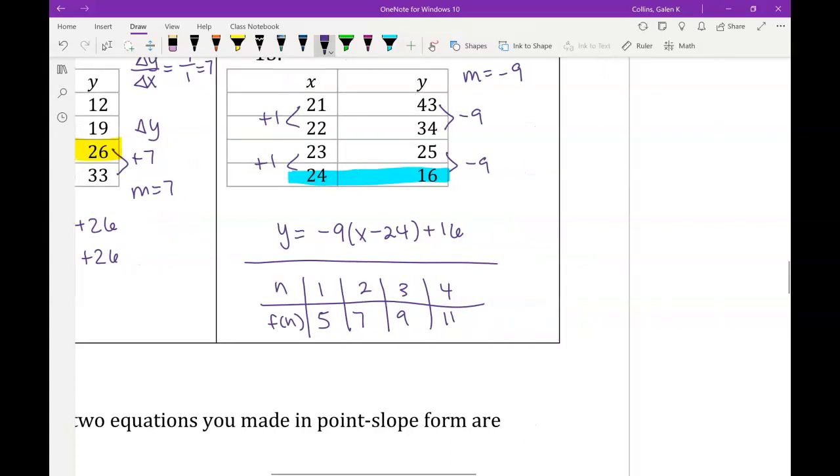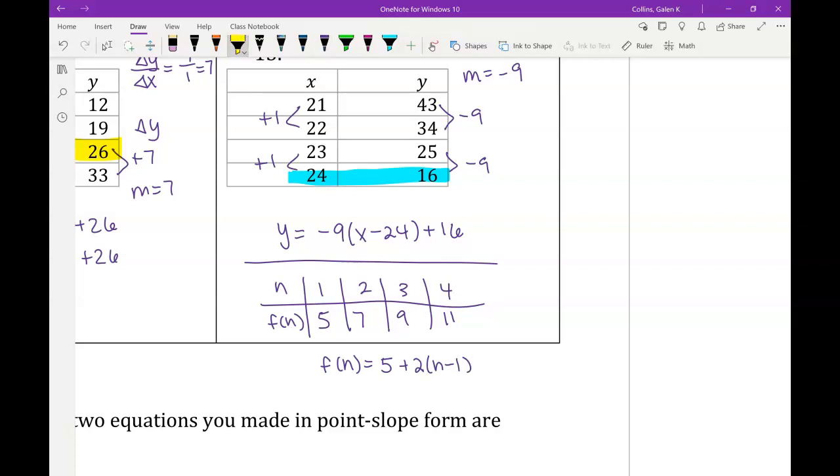We learned that I could either go back and find the y-intercept, or I could write my equation starting with the 5. And if I did that, I'm adding 2, but I noticed that if I started with the 5, I was always adding 1 less 2 than my x value to get that next number. So I would have had 2 times n minus 1.